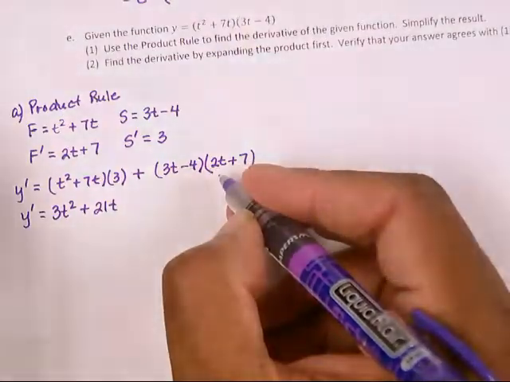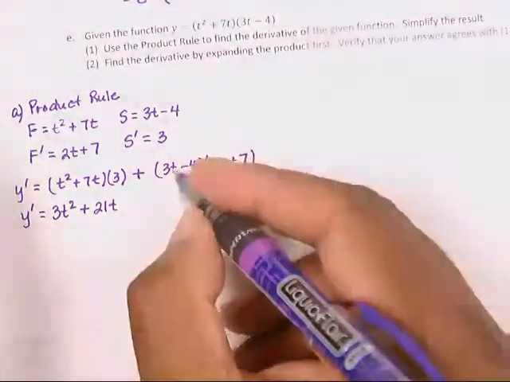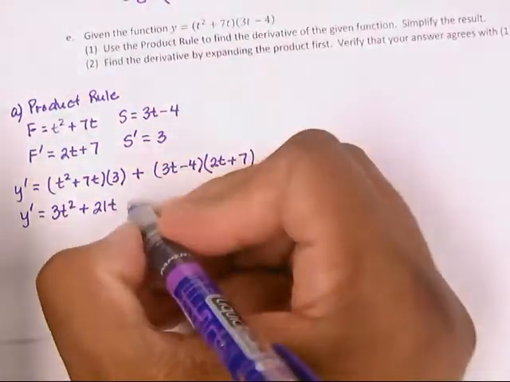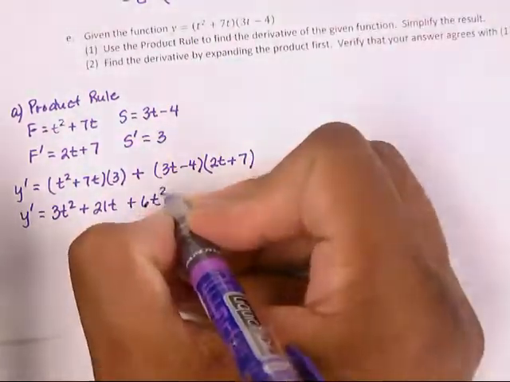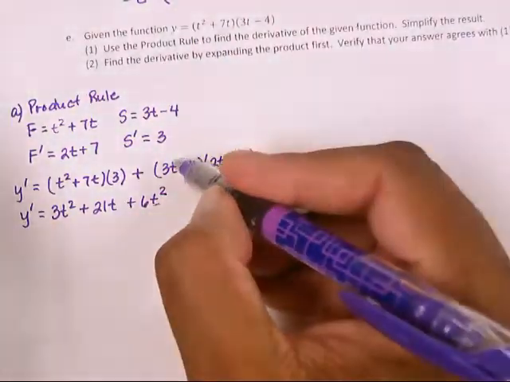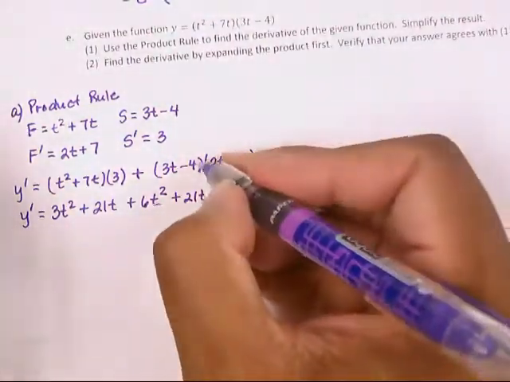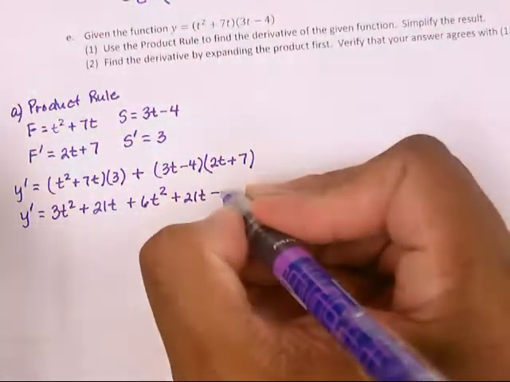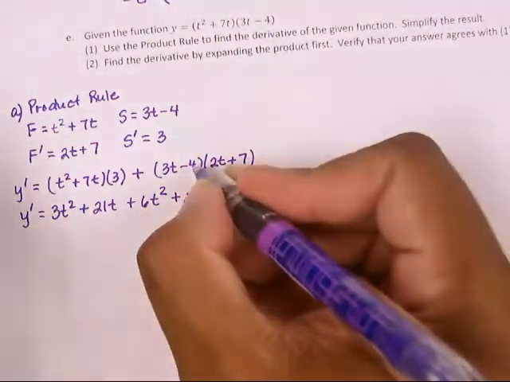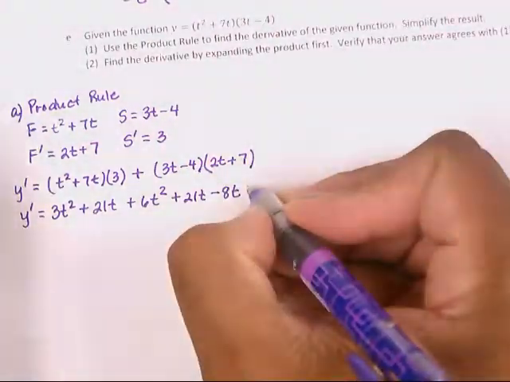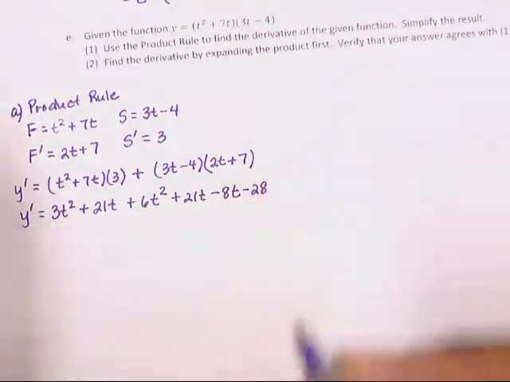For this, we have to use the FOIL method. So in this case, 3t times 2t will be a plus 6t squared. And then 3t times the plus 7 will be plus 21t. And then minus 4 times 2t will be a minus 8t. And then minus 4 times 7 will be a minus 28.